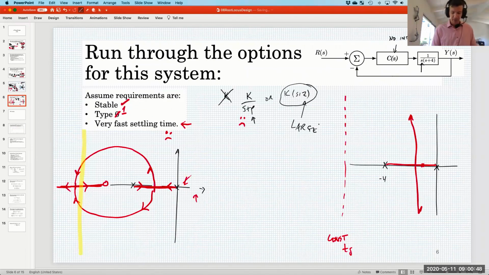Okay, so I hope that you see the power of this technique is that I didn't have to iterate through a whole bunch of numeric Z options. I took the choices of where I could put the Z and I narrowed it down into three cases, and I went through a process of elimination on those cases. The way that I eliminated them was by knowing how to sketch root locus diagrams.